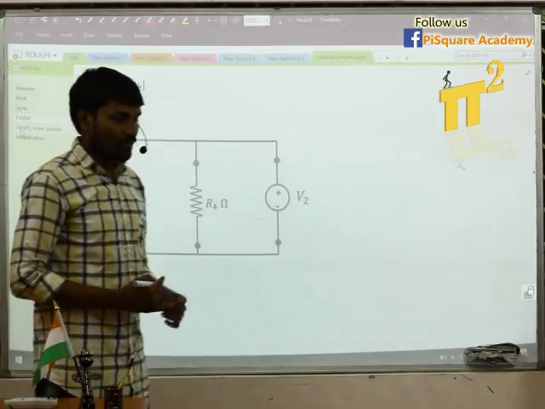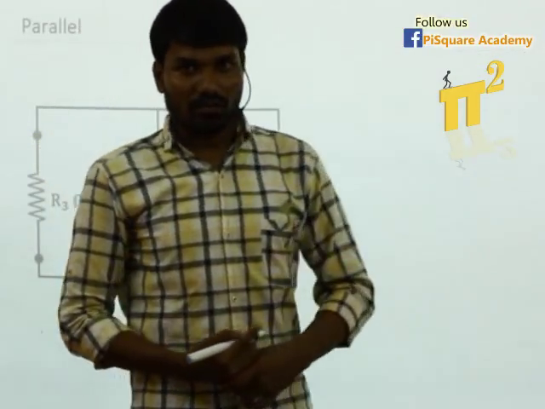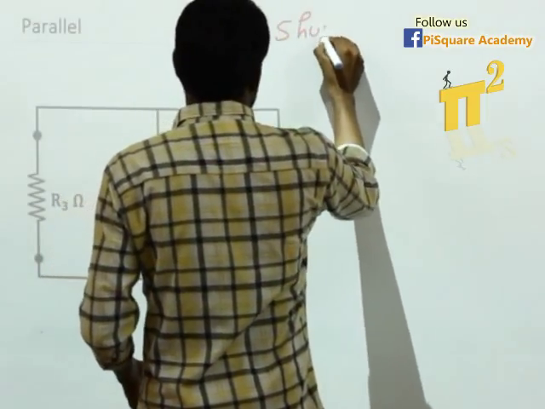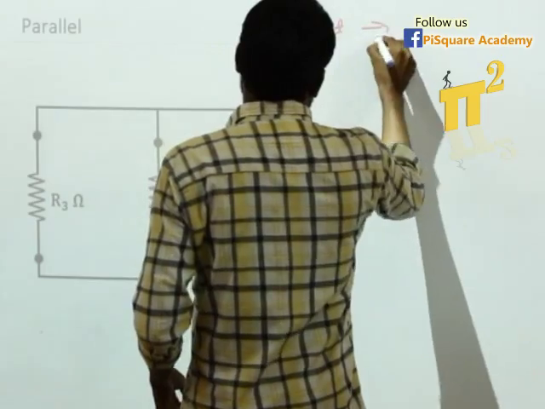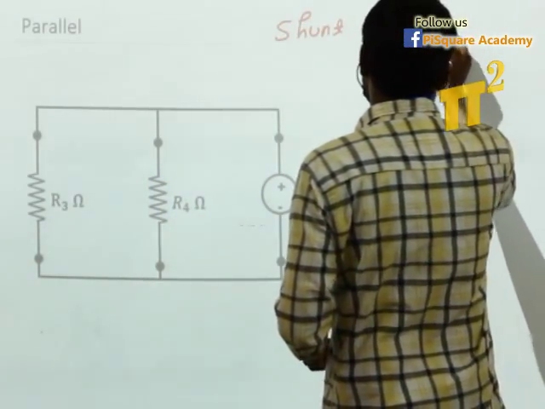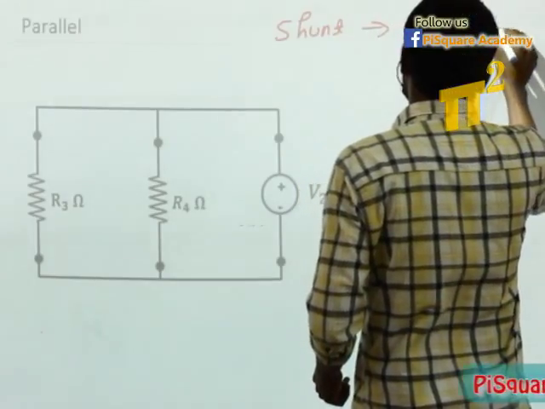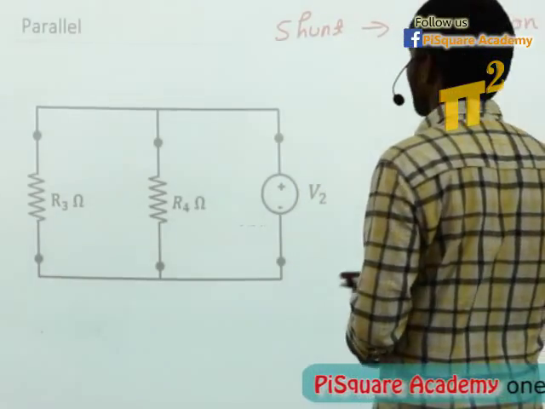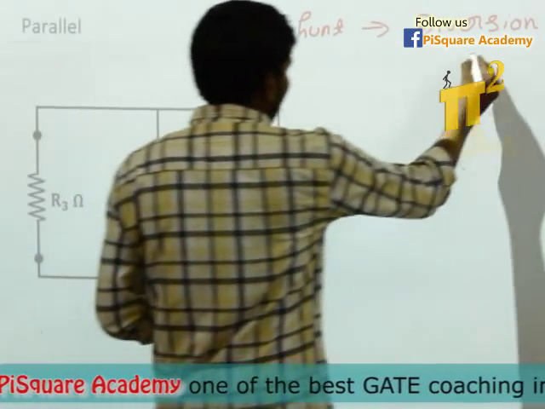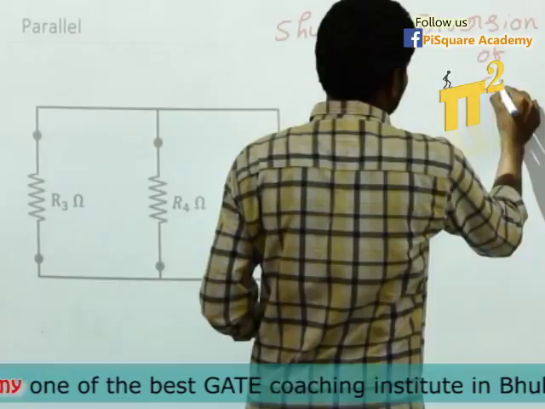Now let's come to the definition of parallel or shunt. We'll normally call it shunt. The literal meaning of shunt is diversion. So in electrical terms, shunt means diversion of current.